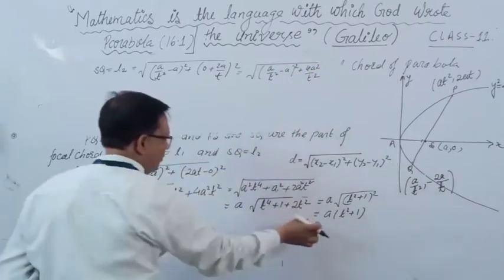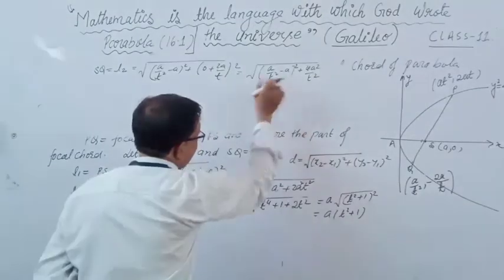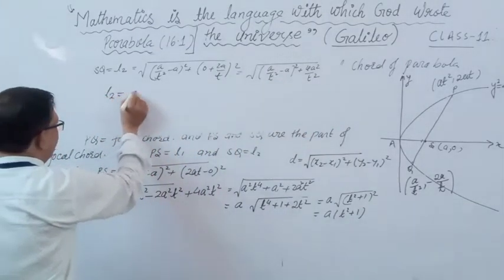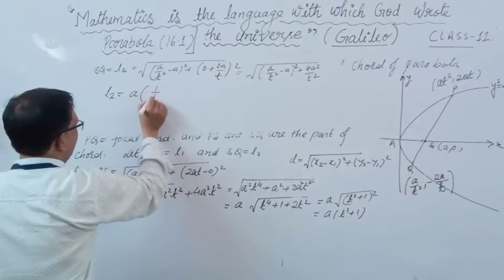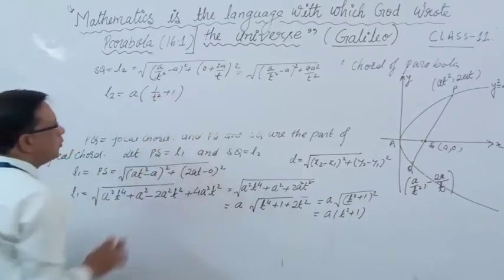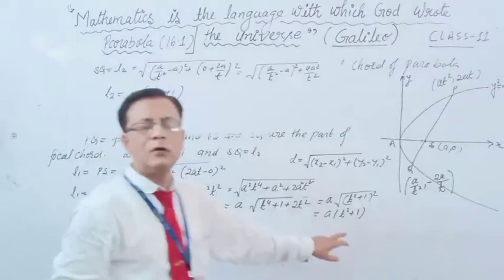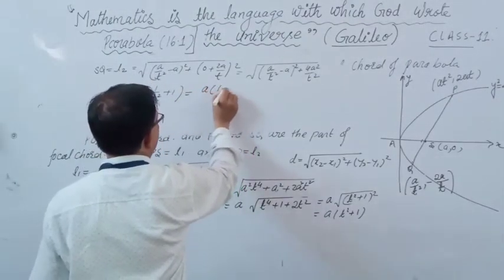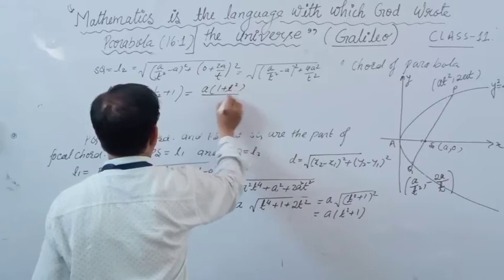We get the same result, but t square is reciprocal here. So L2 is directly a(1 upon t square plus 1). No change, only t is reciprocal. After solving this, we get a(1 plus t square) upon t square.